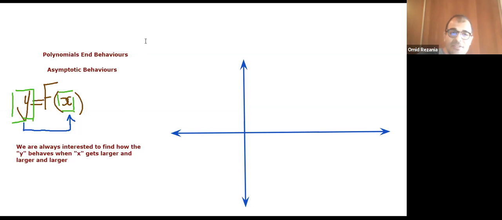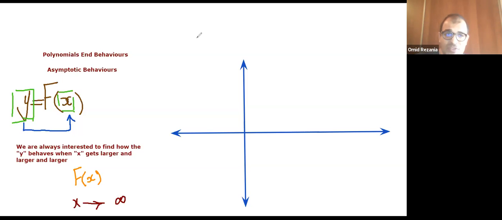In terms of math language, you're going to see more of this next year. If you have your f of x and you want to see the end behavior, you see what happens to the function when x is pushed to infinity.